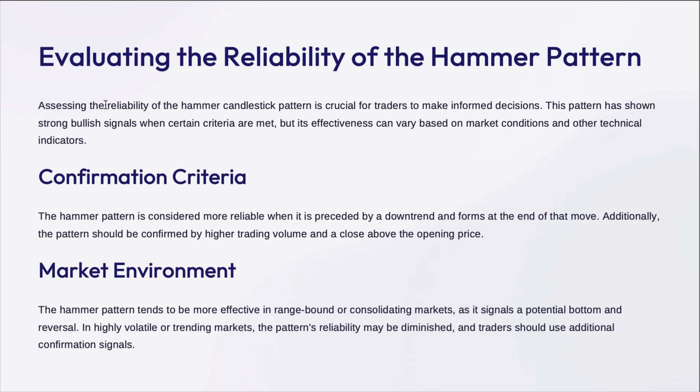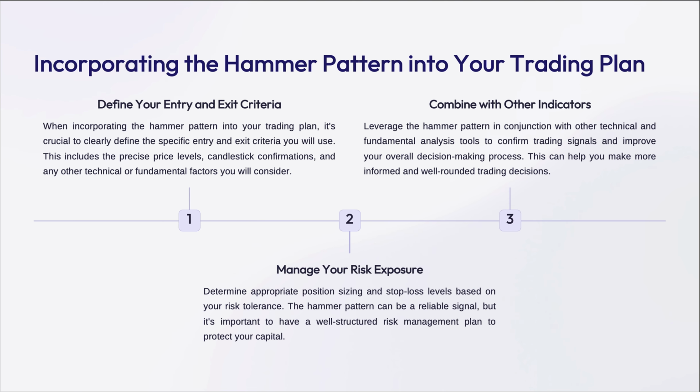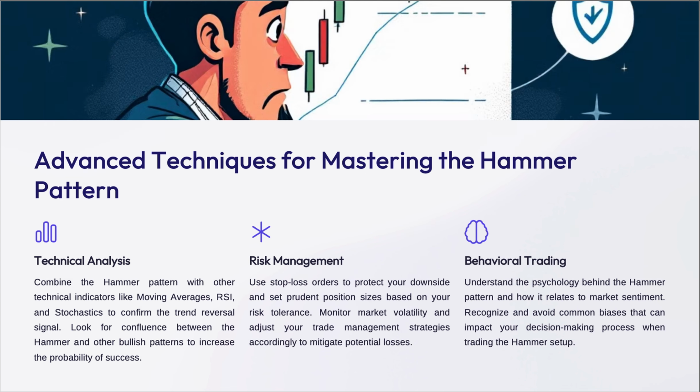Confirmation criteria and market environment are very important when you are evaluating the reliability of the hammer pattern. As I said, keep a screenshot or printout in front of your desk. That will help you.